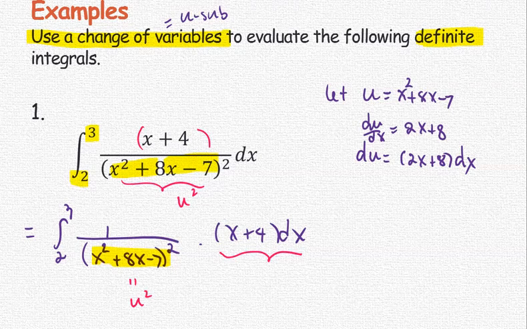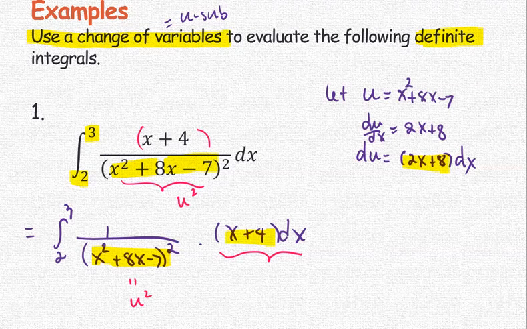Now the problem is, how do we replace the x plus 4 times dx in the du term? What we found as the du is 2x plus 8. We're going to adjust it. There are different ways to handle this situation because it's not in the form that we can replace exactly the same as the earlier example. Since this is 2x plus 8, not x plus 4, we see the double of x plus 4 as part of the du term.